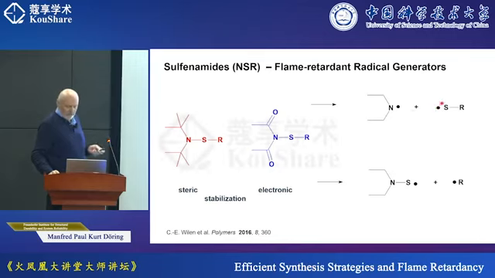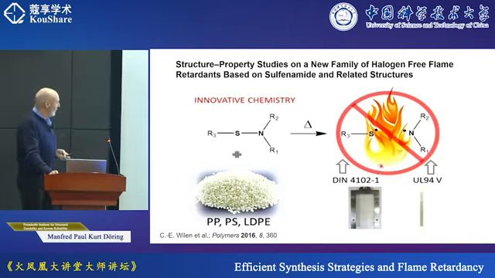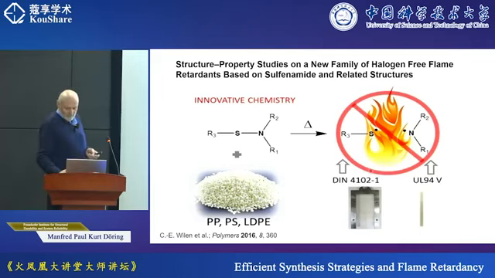And these are very efficient. And he did not only a lot of investigations, shown over here, on what the real mechanism behind this action is, forming that one and that one, and what the action in the polymer is. As I said, primarily it is only a gas phase active flame retardant.